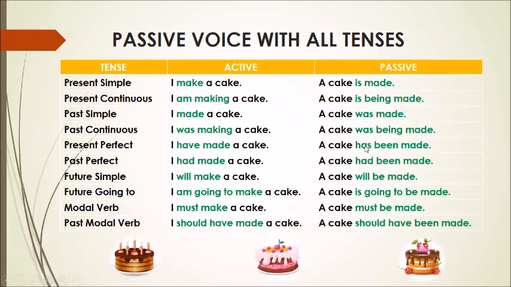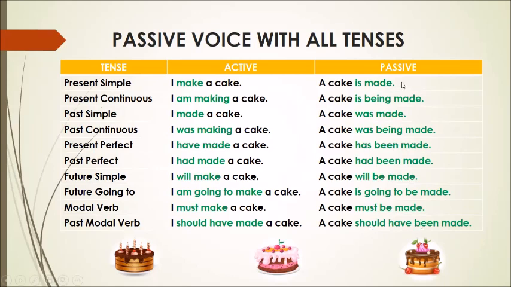As you see, we use the verb to be according to the tense we are using for our sentences. Past perfect, had been made. Future simple, will be made. Future going to, is going to be made. Modal verbs, must be made, and the past modal verb, should have been made.